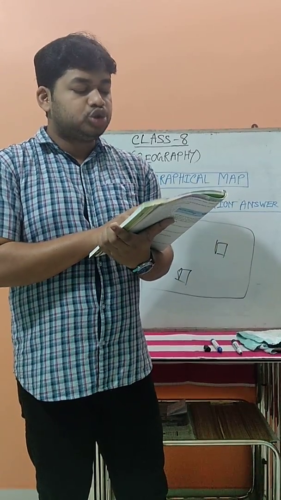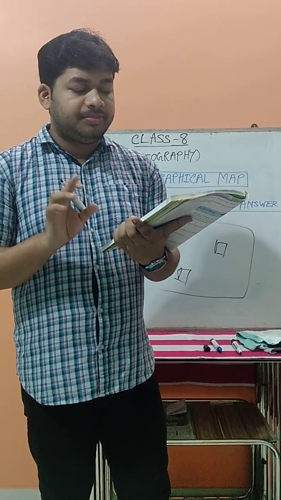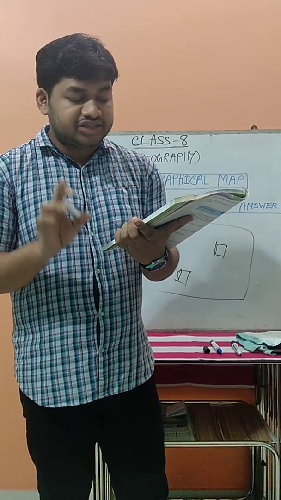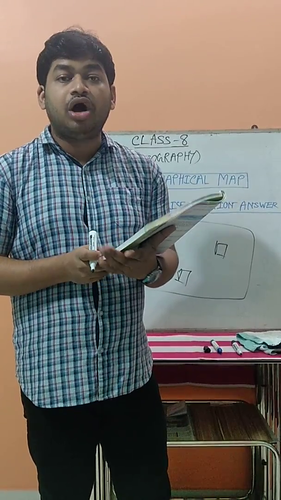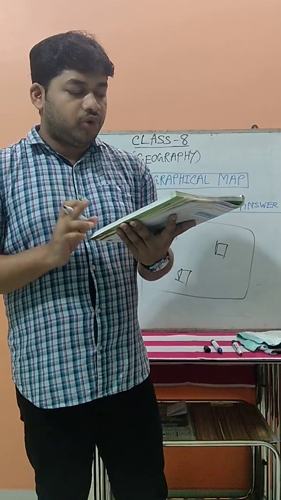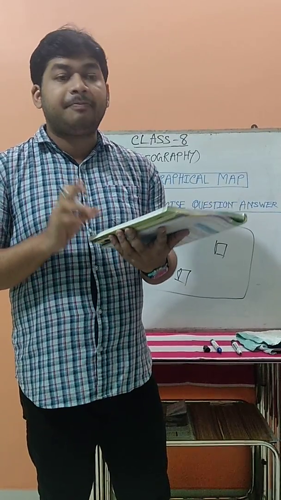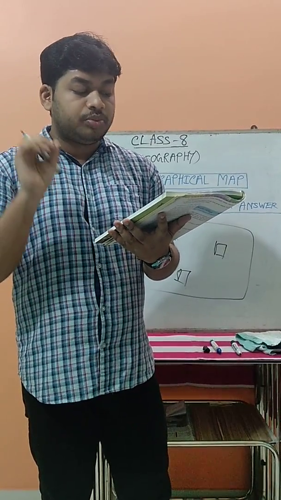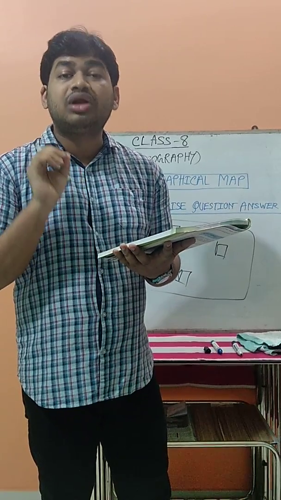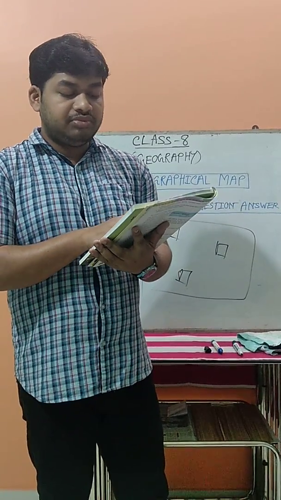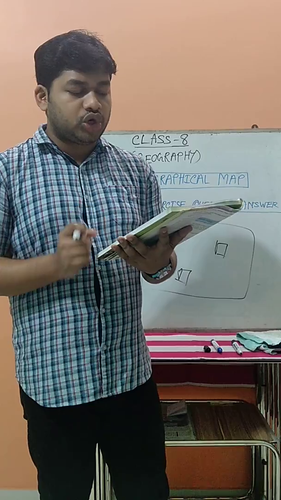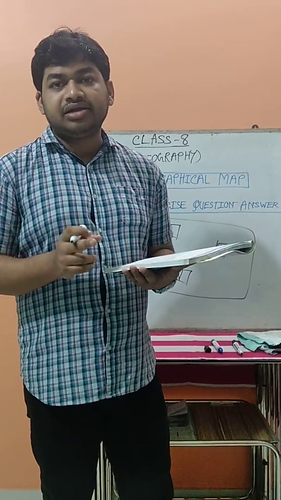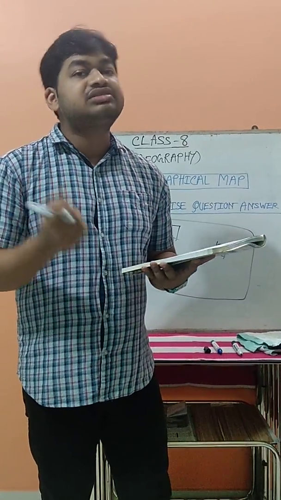Now the next is: topographic surveys were prepared by the military to assist in planning for battle. Now number 4, the study of topographical maps is called topography. Now number 5: the various features shown on the map are represented by conventional signs and symbols.